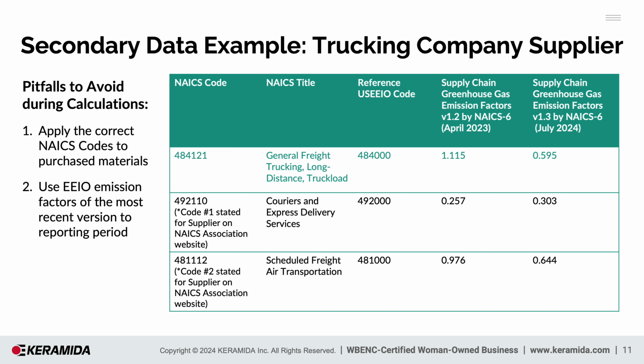and involving, in this case, your procurement team, to make sure that those assignments of those emission factors make the most logical sense with the data that you have available to your team in that reporting period.